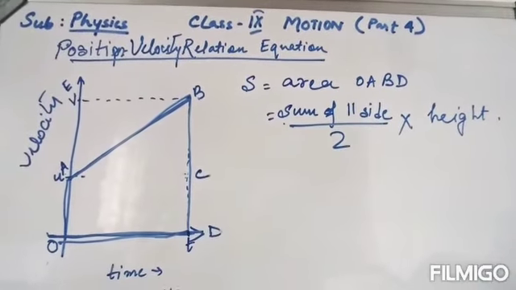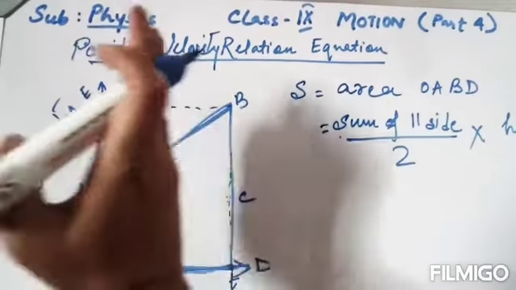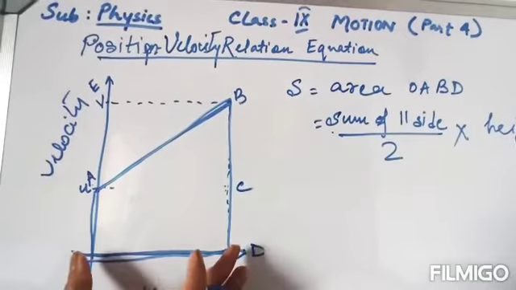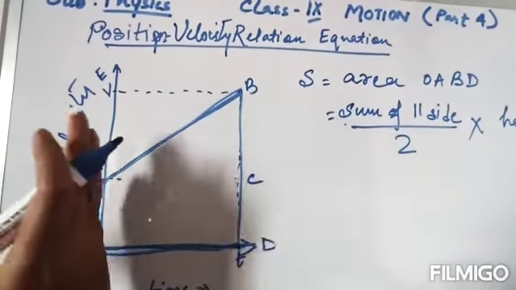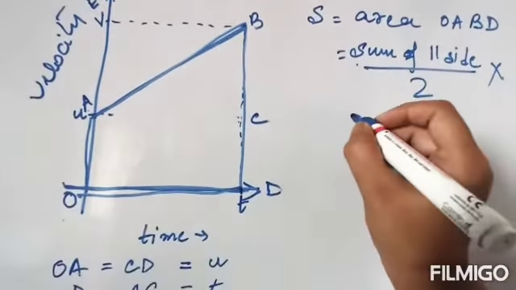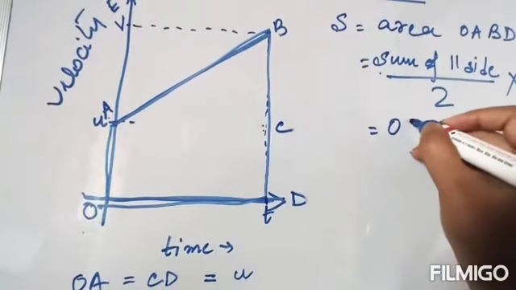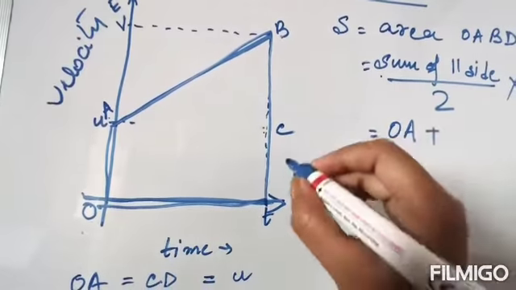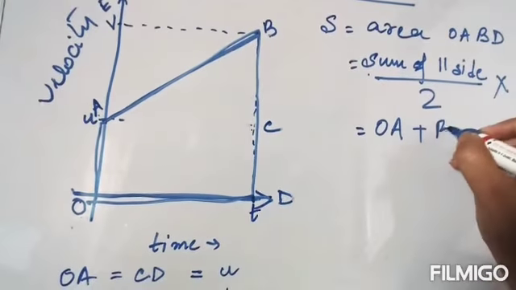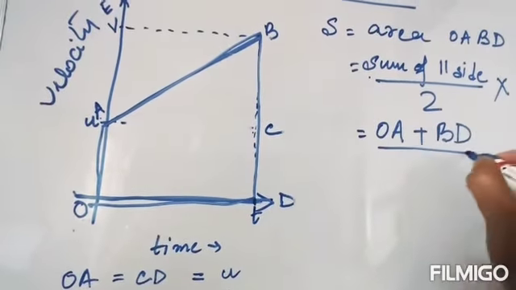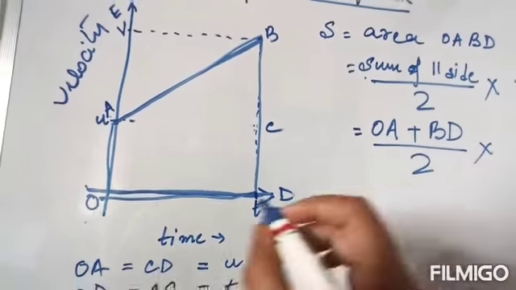Now what are the parallel sides? This one and this one, and this is the height. So sum of the parallel sides, which means what? OA plus BD by 2. And what is the height?